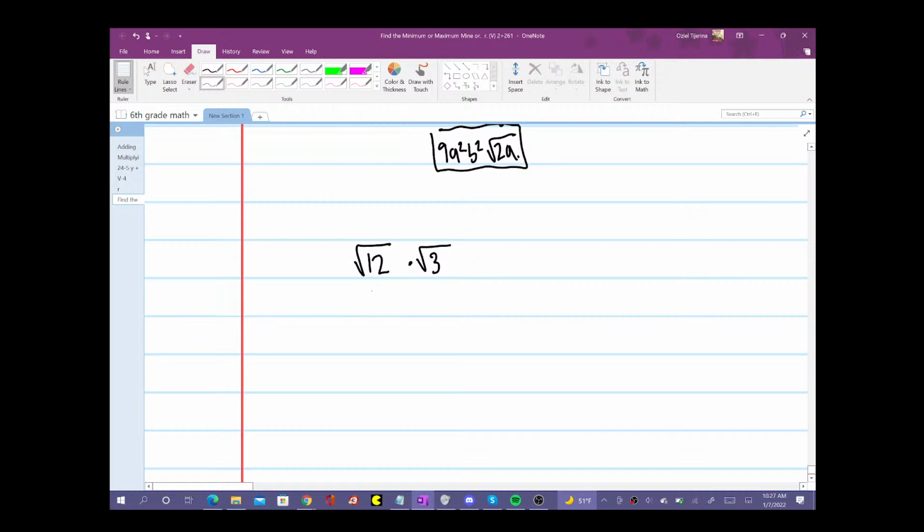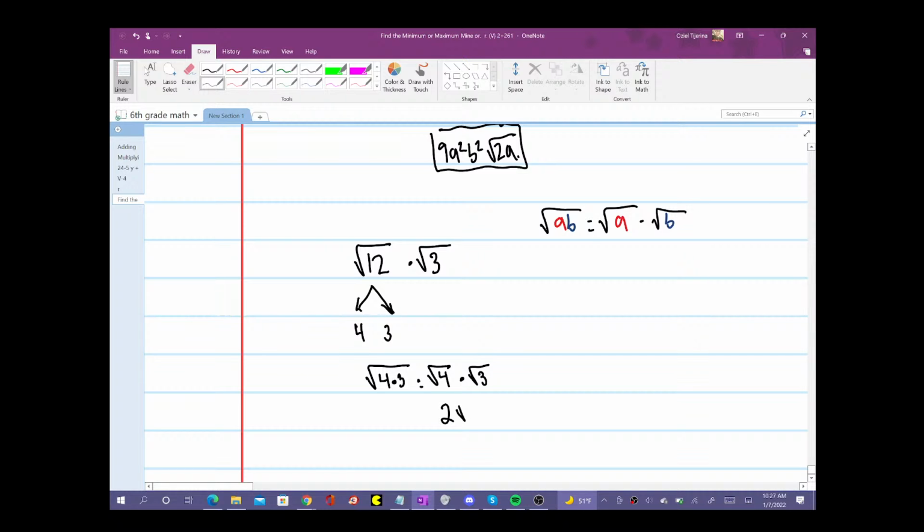The square root of 12 can be simplified as 4 times 3, right? This can be simplified as the square root of 4 times 3, which is the square root of 4 times the square root of 3. Remember, the square root of AB is equal to the square root of A times the square root of B. Okay?